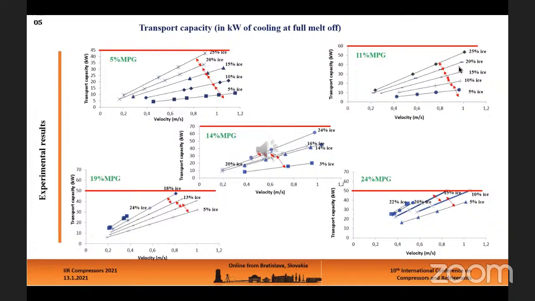One can observe that the transport capacity increases with increasing ice fraction and initial MPG concentration. On the other hand, one can observe clearly that the increase of transport capacity from one ice fraction to another is higher up to an initial MPG concentration of 14%. So there is an important latent melting heat of ice.